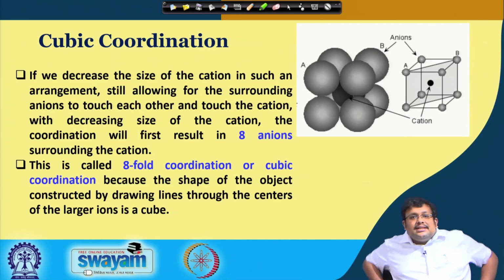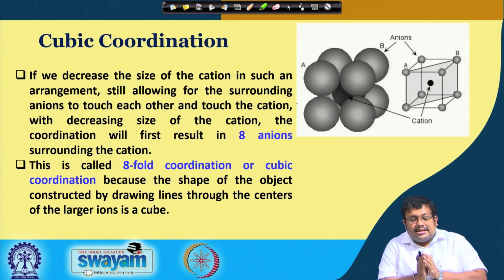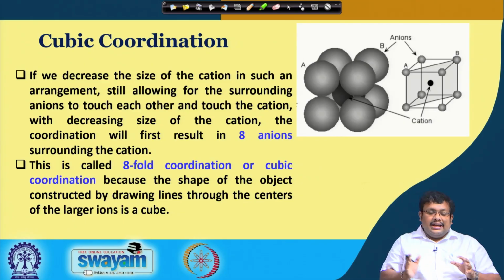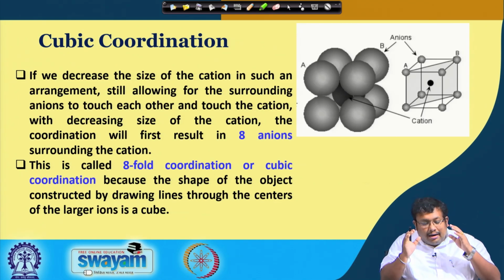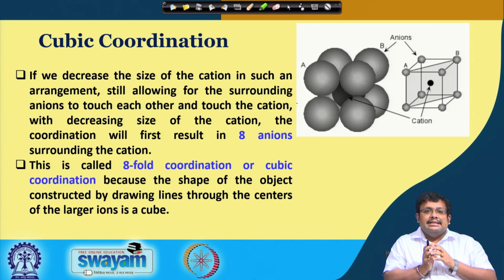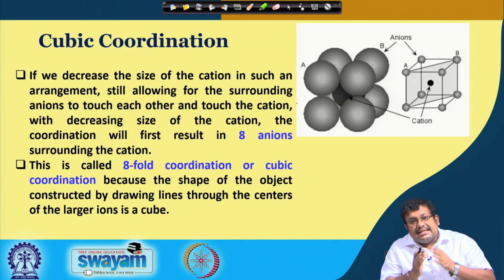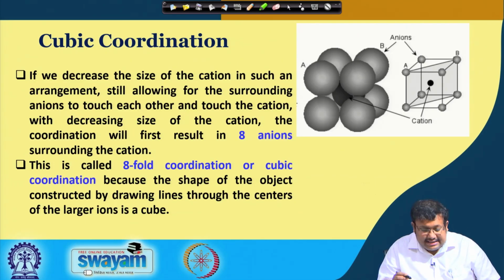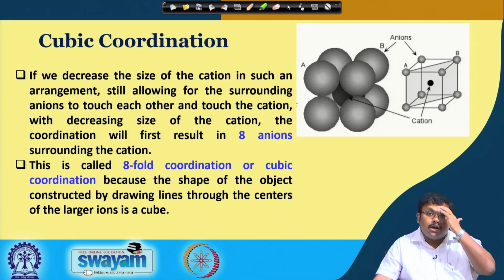So, if we decrease the size of the cations in such an arrangement, we are still allowing for the surrounding anions to touch each other and touch the cation. With decreasing size of the cations, the coordination will first result in 8 surrounding anions. As you can see in this picture, it is quite clear that this cation is basically surrounded by these 8 anions, and this is called an 8-fold coordination or cubic coordination.